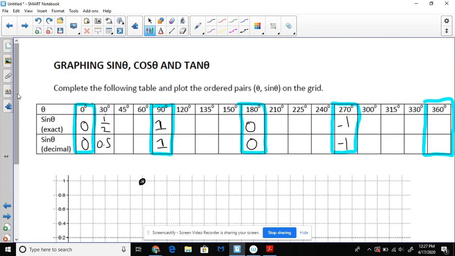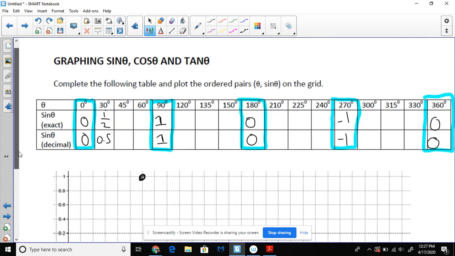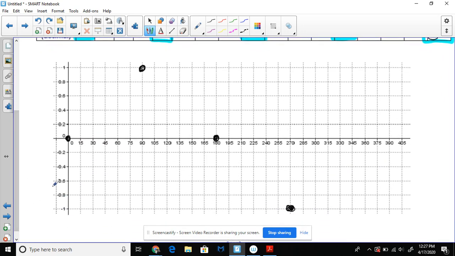And then when we got to 360, you should have gotten sine of 360 is 0. Okay. So these are my key points. And then now we know what it looks like because you've graphed the table of values that had many more points.